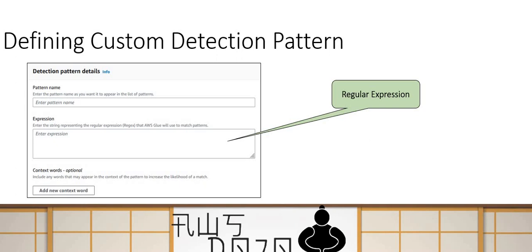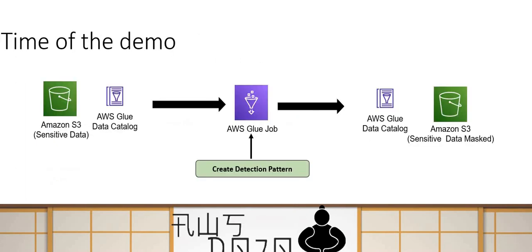The use is pretty straightforward. If out-of-box patterns are not working for you, then you can create a custom detection pattern and ask your detect sensitive data transformation to use this custom pattern to identify sensitive data and then handle it. Pretty straightforward. So that was how it works, concept-wise.